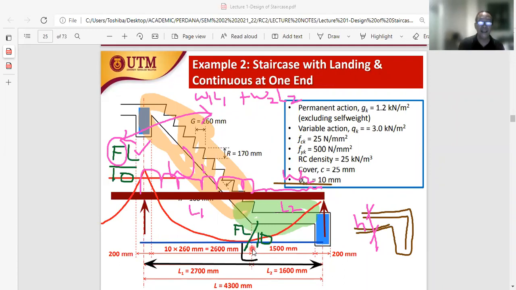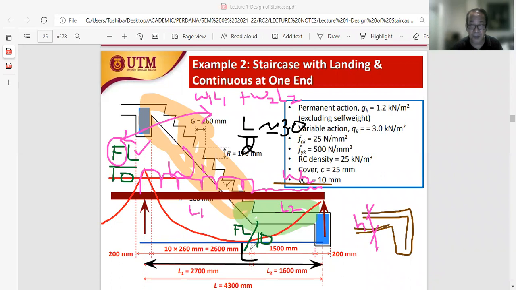Remember, we had a discussion earlier on how to estimate the thickness of a staircase. And to estimate the thickness of a staircase is by using what is termed our deflection criteria, L over D approximately 30. So by using this L over D approximately 30, then we can come up with an approximate thickness that can be used for the staircase. For example, what is our total span?